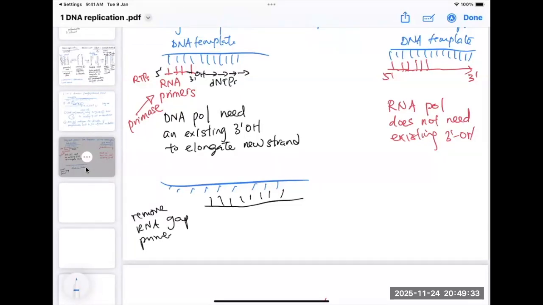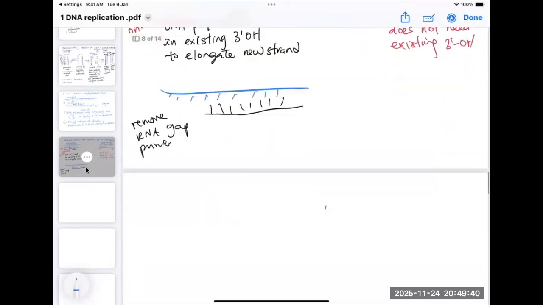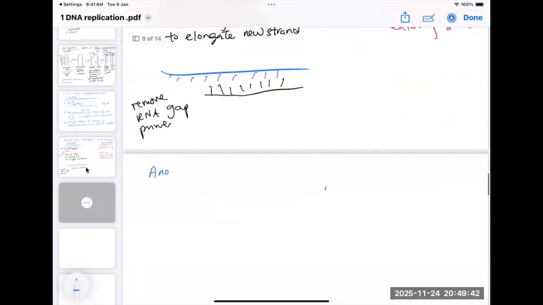No, primase forms, you won't remove. Another DNA pole. When we say pole, it means actually short for polymerase. So there are many types of polymerases. Okay, you only need to remember DNA pole.